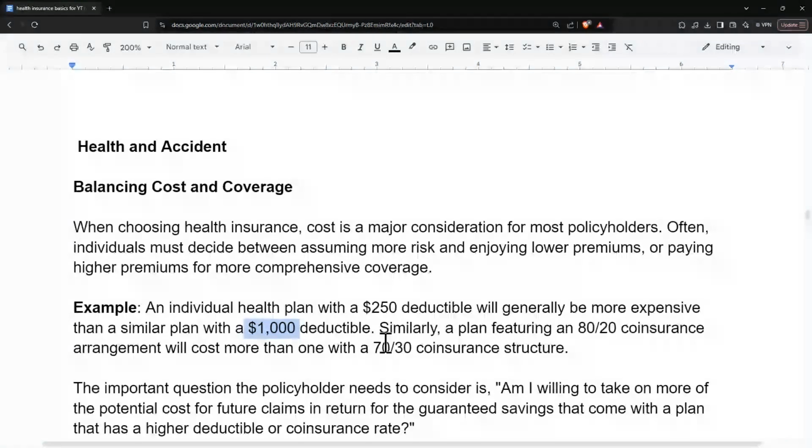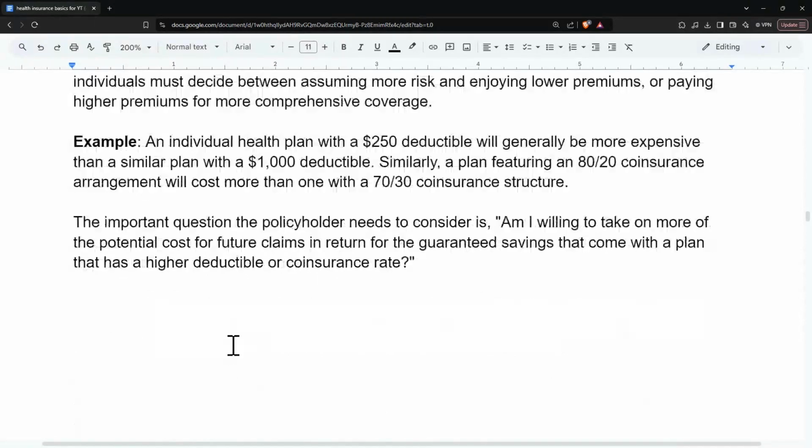So this means the insurance company covers 80%, the insured covers 20% of the care. That's going to cost more than the insurance company having to cover 70%, right? The premiums, right? So this is premiums we're talking about. Okay. Premiums are more expensive if the insurance company is responsible for more care.